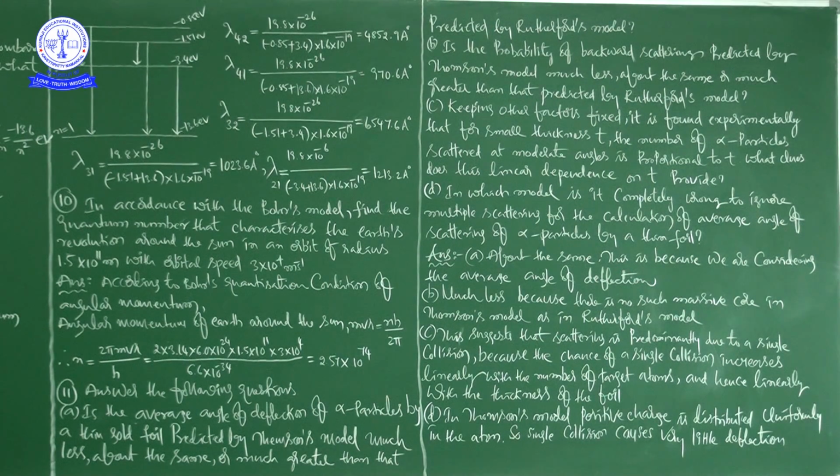See here, in Thomson's model, positive charge is distributed uniformly in the atom. This point we know, right. So because of this, a single collision causes very little deflection.